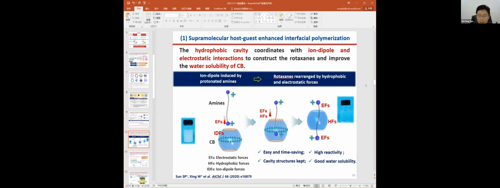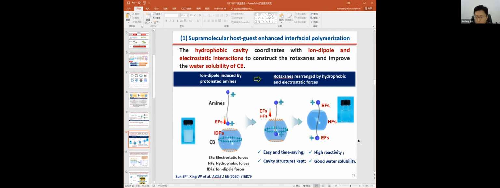So we developed a method using ion-dipole effects from the protonated amines, so that we can let the amines enter the cavity of the CB. And because of the hydrophobic and the electrostatic forces, the amines will form the rotaxanes with the CB, the amine host-guest complex. In this way, we can let the amine enter the cavity, and the host-guest complex is formed.